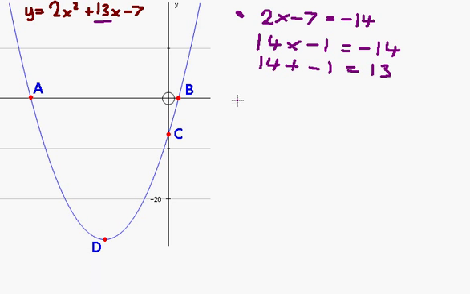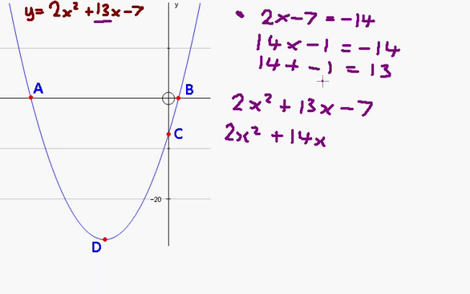So if I rewrite my original expression, 2x squared plus 13x minus 7, I'm going to rewrite this as 2x squared, and the 13x is going to become 14x, take away 1x, or just x, take away 7.